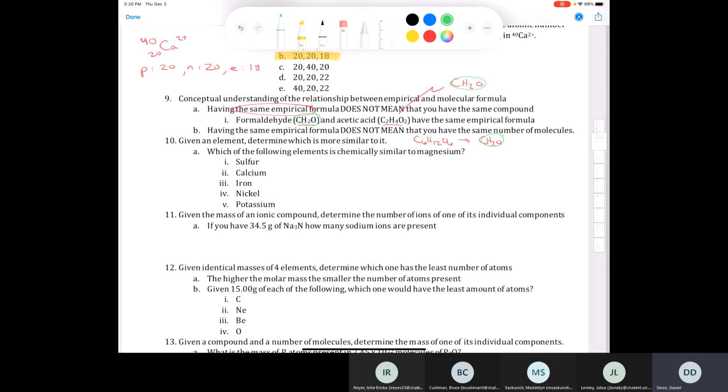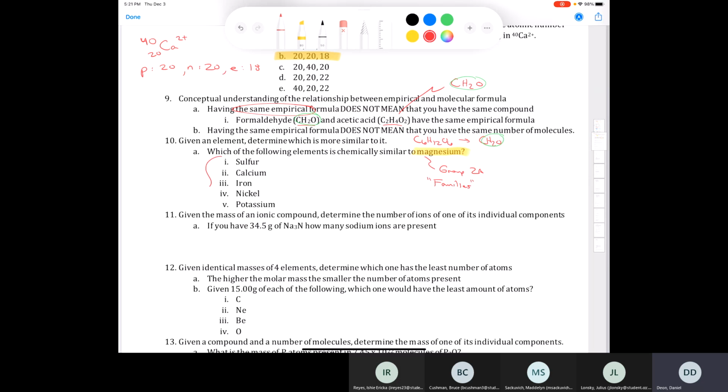So you can see that some of these are questions and some of them are more just discussion points. Number 10, given an element, determine which is more similar to it. Which one of these elements would be most similar to magnesium? Well, if you look in the periodic table, magnesium is found in group 2A. And remember, the elements that are in the same group, sometimes we call groups families. And why do we call them families? Because people in the same family have a tendency to resemble each other.